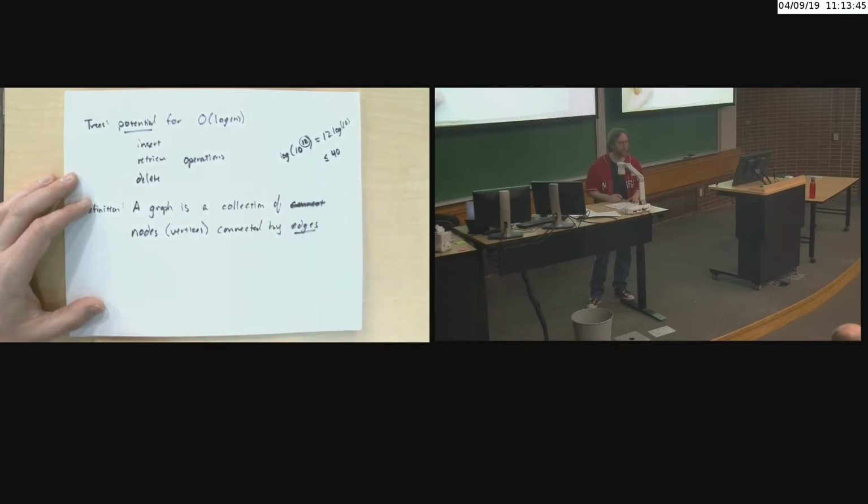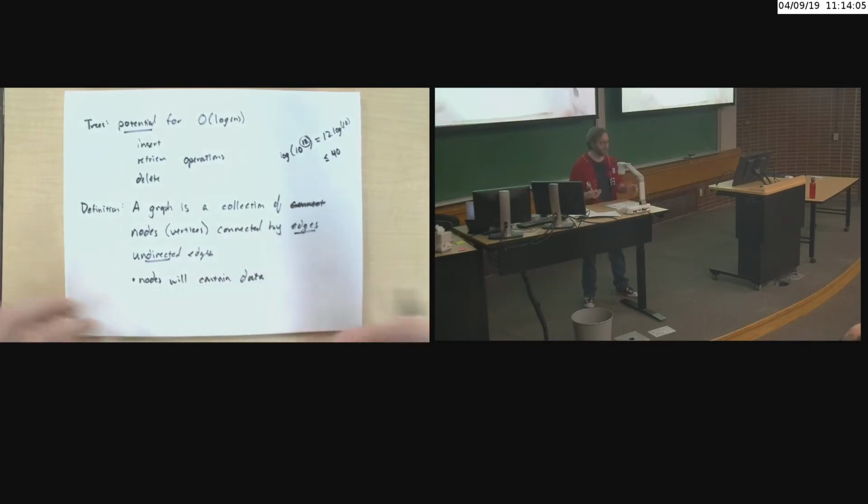Right? And our edges will be undirected for this course, right? These are going to be undirected edges. Right? Generally, nodes will contain data, like real data, invoices, products, right?